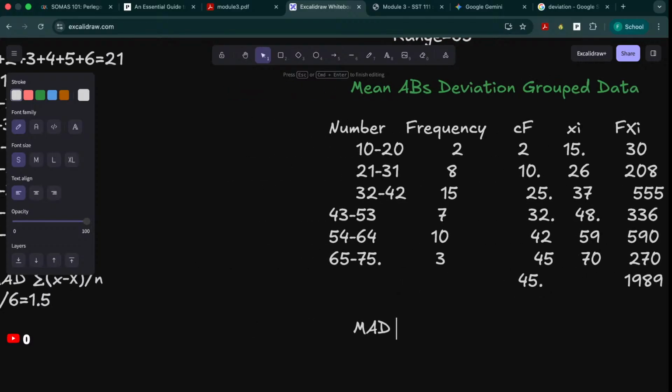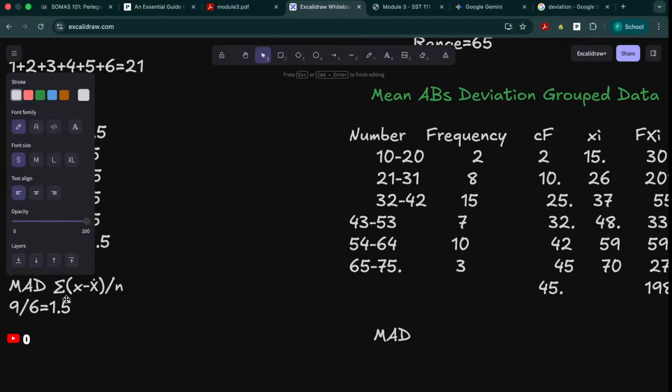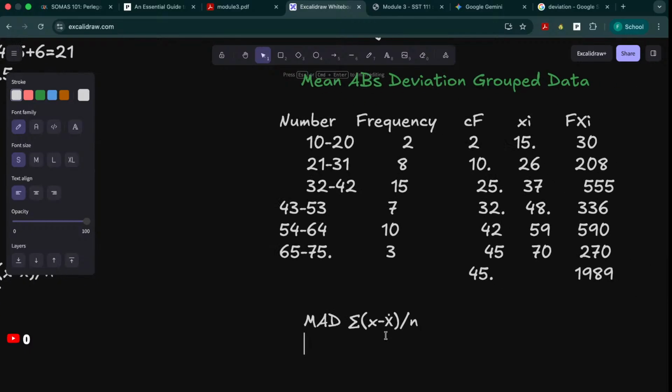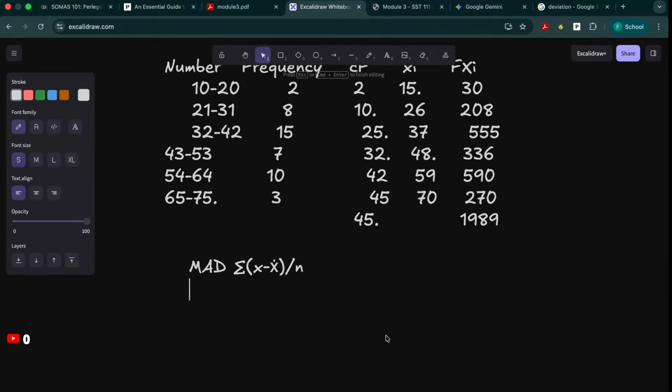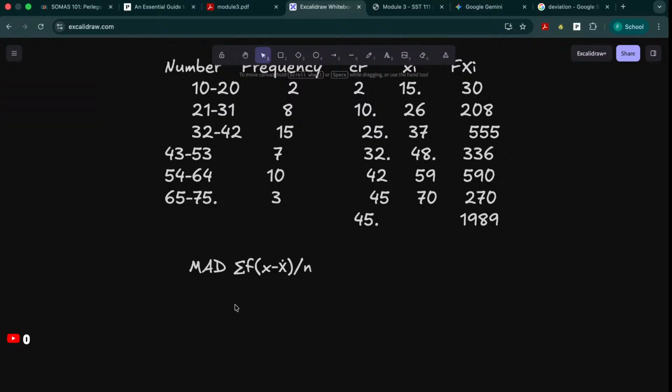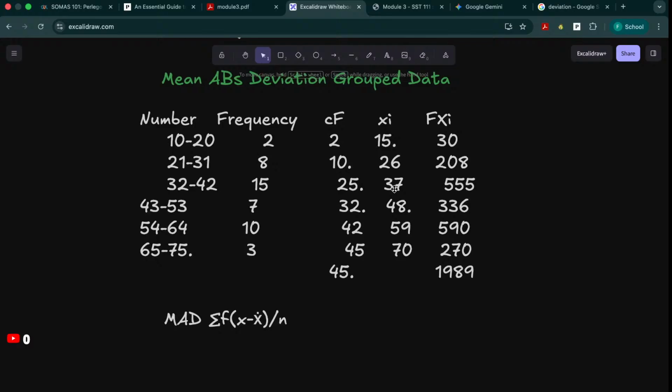The formula is the same, but we just include f in the formula. Here we multiply by the frequency. For this I had already calculated the mean.